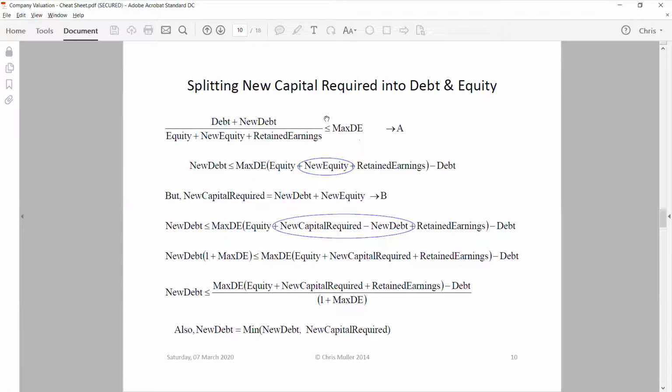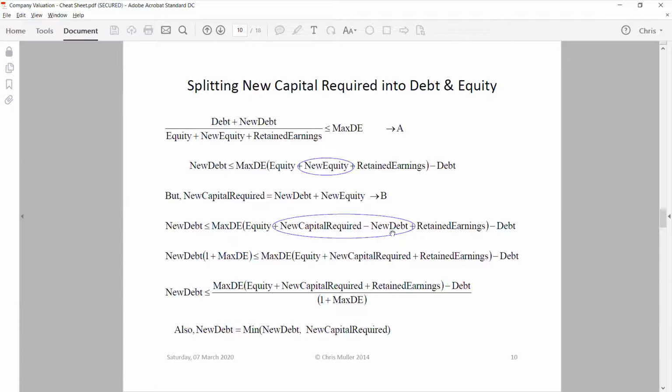So if we rearrange this, we can pull the new debt out by itself and say new debt must be less than, and here's a formula, but unfortunately you need to know the new equity, which we don't know yet. But we do know that the new equity can be written as the new capital required minus the new debt. So if we write this equation down here again, but we swap out the new equity for new capital required minus new debt, it's still a bit of a mission because the new debt is on the left and the right.